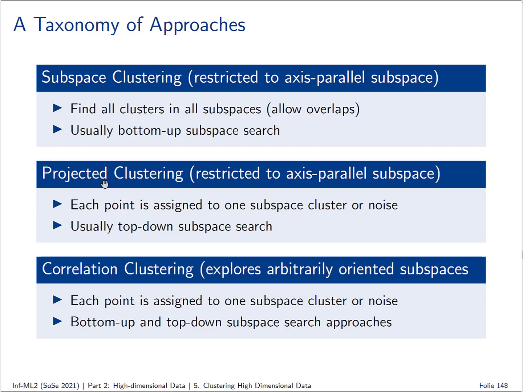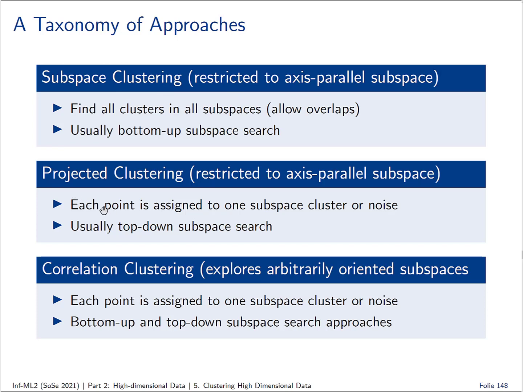Secondly, we have projected clustering algorithms that are also restricted to axis-parallel subspaces. But the most important point is that in projected clustering algorithms, each point is assigned to exactly one subspace cluster or to none, so one cluster or noise. There are no overlapping clusters allowed. In subspace clustering algorithms, points may go to different clusters in different subspaces.